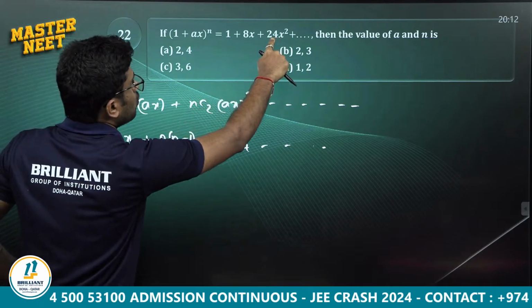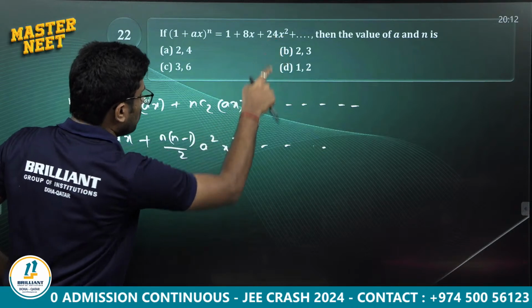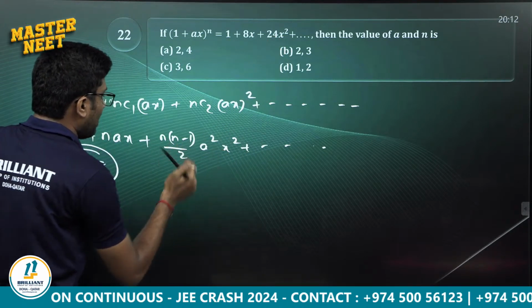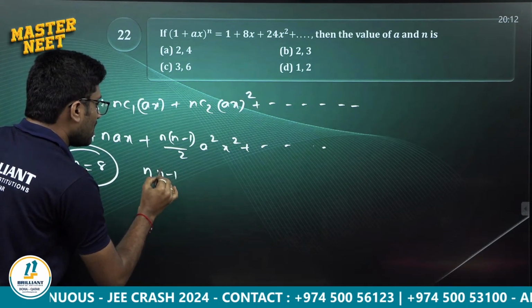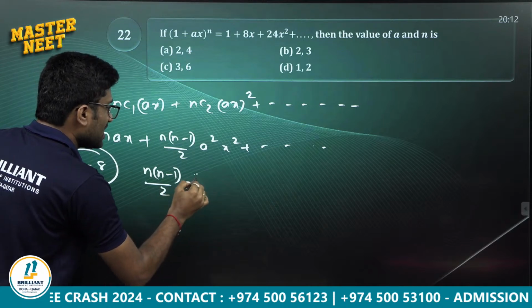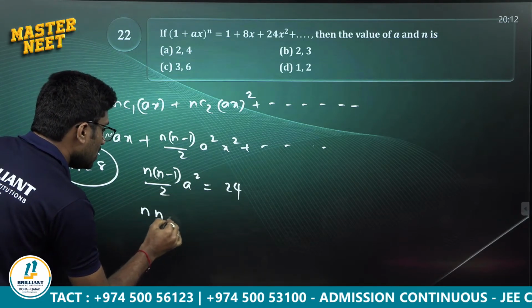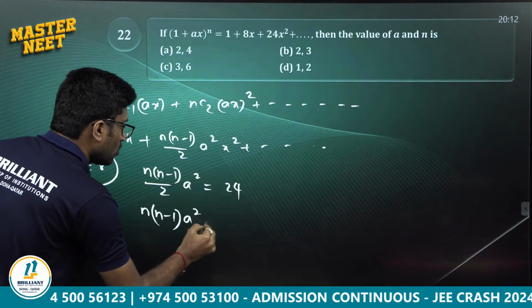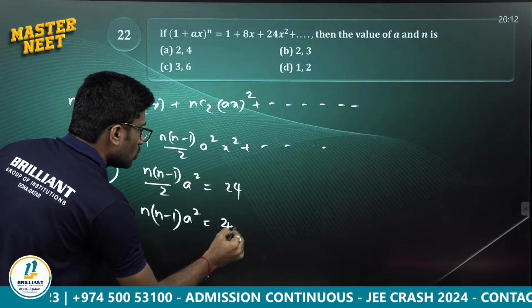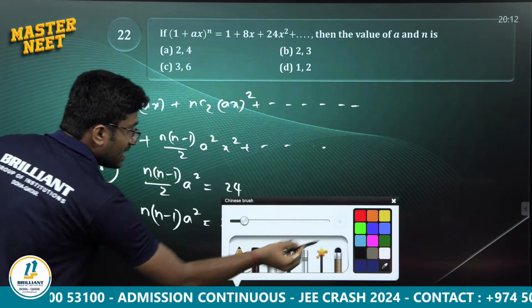Coming to the third term, coefficient of x square, here we have 24, but here we have n into n minus 1 by 2 times a square is equal to 24. Now n into n minus 1 into a square is equal to 24 into 2, which is 48.